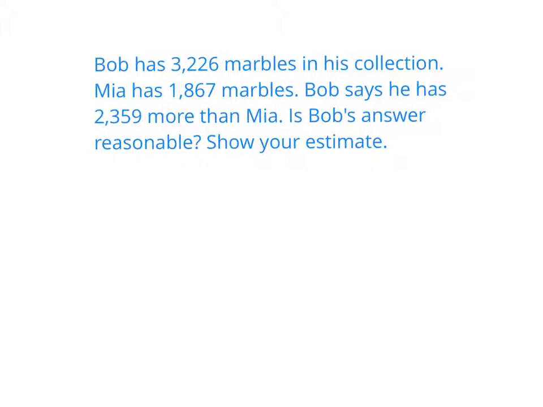Okay, so looking at this problem, it says Bob has 3,226 marbles in his collection. Mia has 1,867 marbles. Bob says he has 2,359 more than Mia. Is Bob's answer reasonable? Show your estimate. So in this situation, it only asks me to estimate to see if Bob's answer is reasonable.